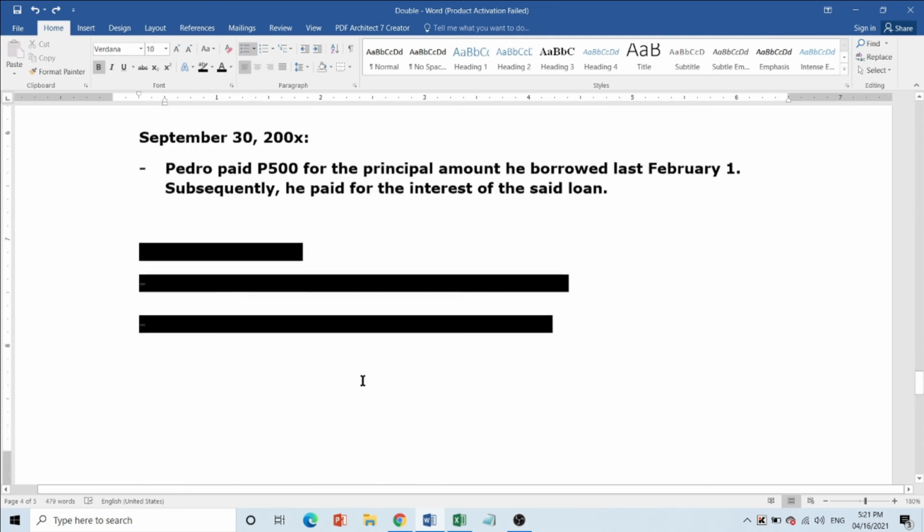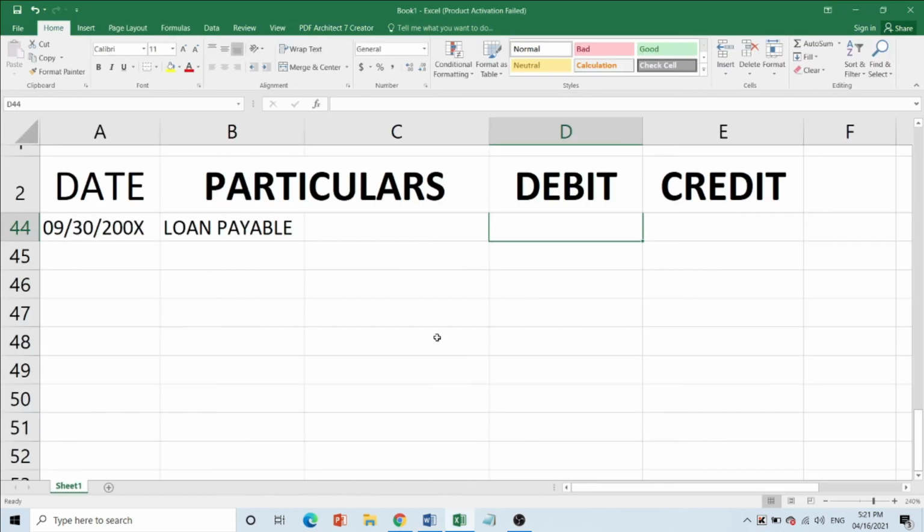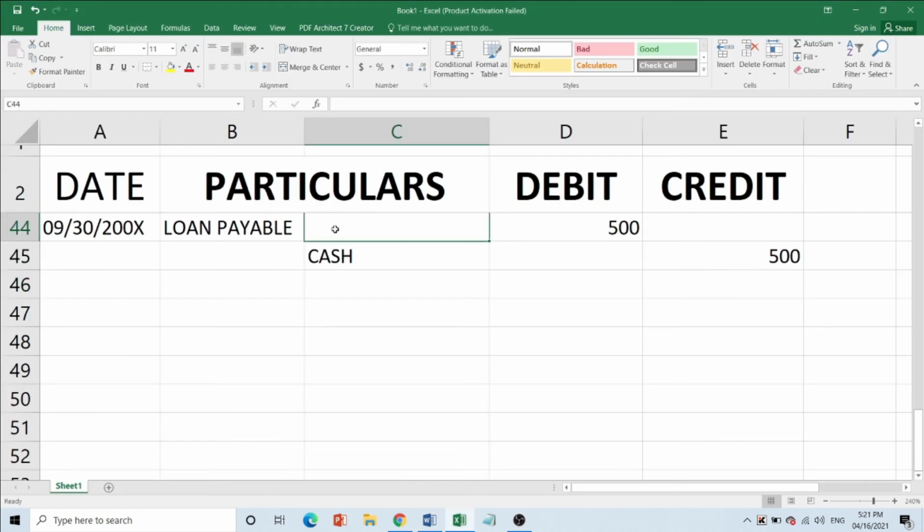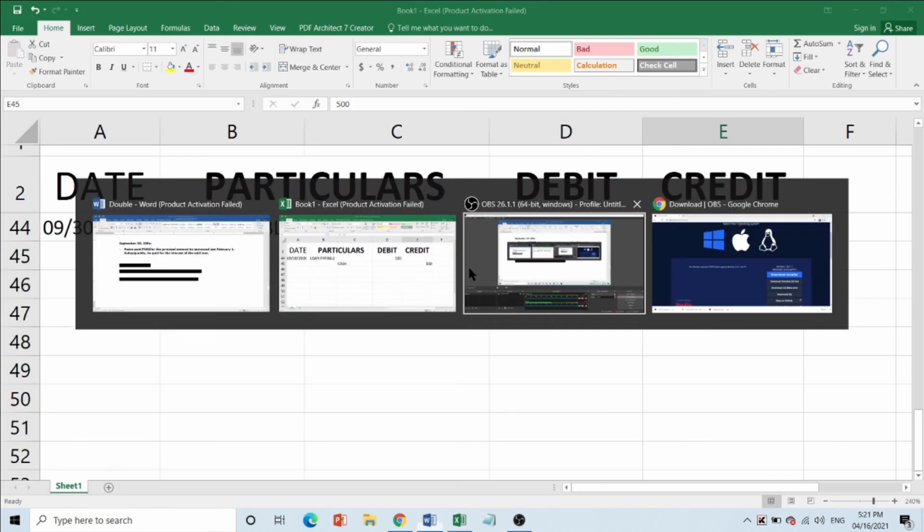The amount is 500 lang muna ang binayaran. At nagbayad tayo ng cash amounting to 500. So yung loans payable nabawasan, yung liability natin, pero nabawasan din naman yung asset natin kasi nagbayad tayo in cash amounting to 500 pesos.